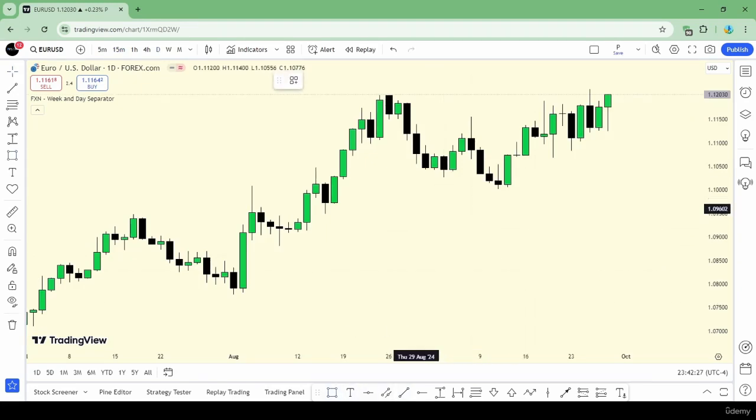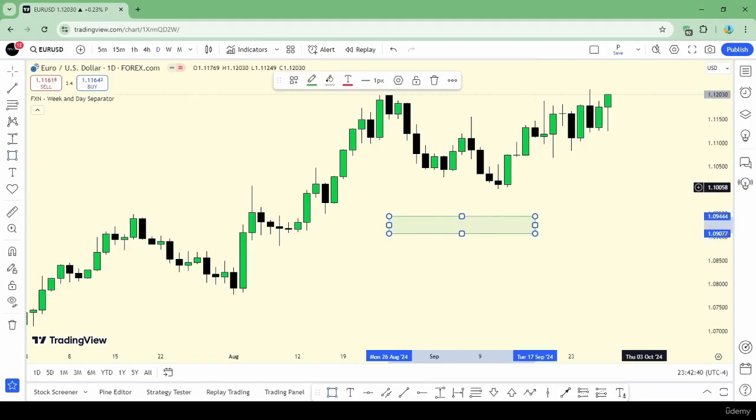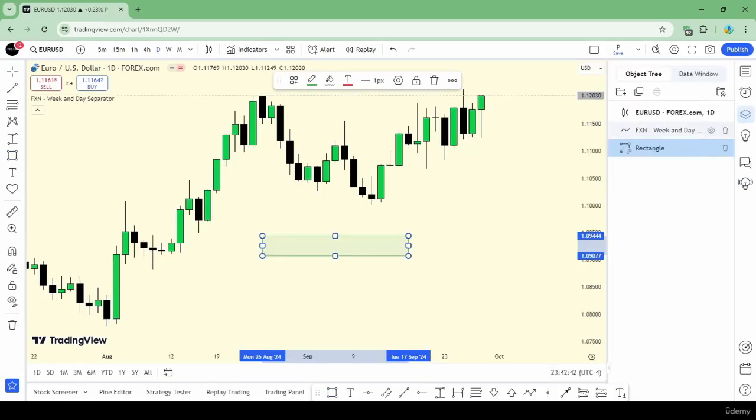Welcome back to this lesson, and in this lesson we'll be looking at our strategy and how it works. So we'll be looking at an example in which the market is moving away from the daily fair value gap.